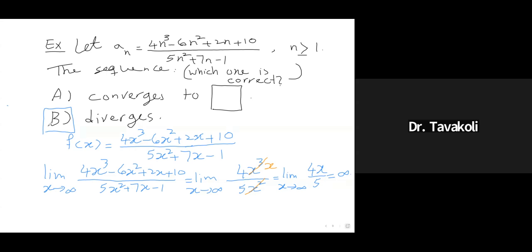Okay, let's do another example. Let a_n be equal to 5n, 5 times n, over e to the power of n, and n is more than or equal to 1. Which one is correct?